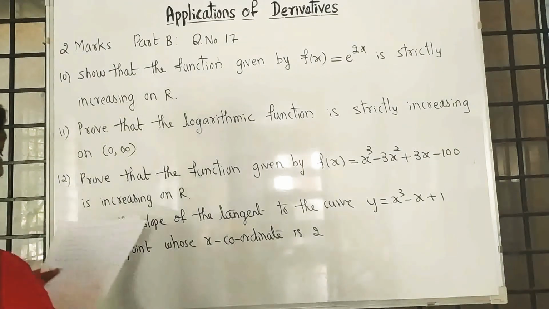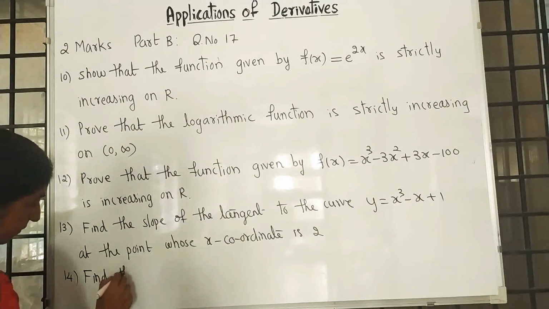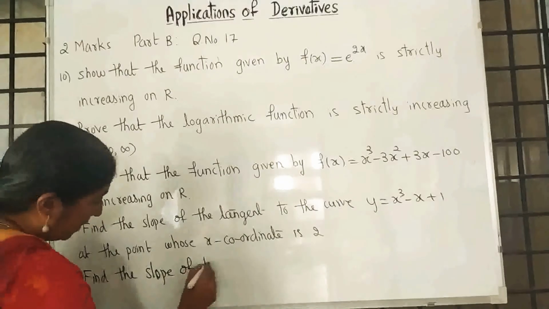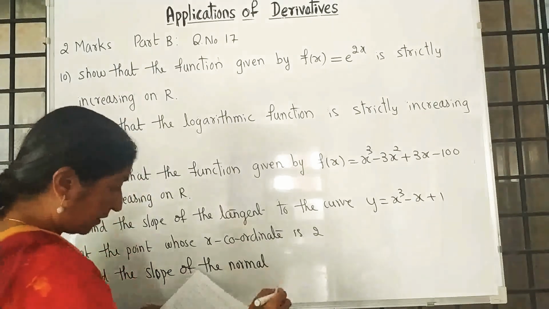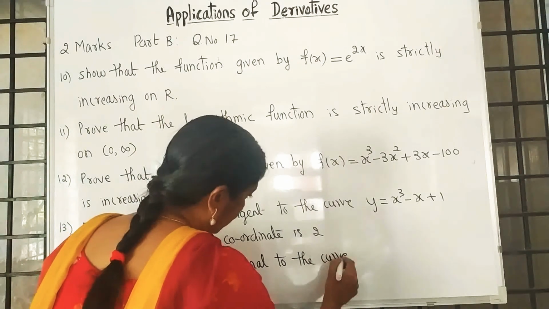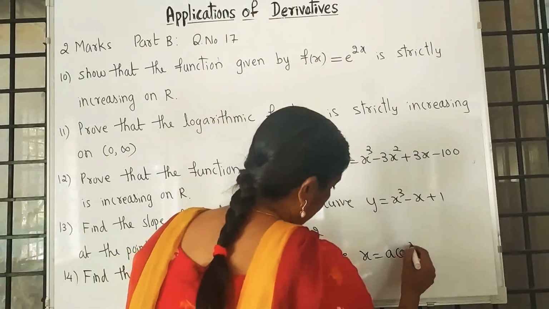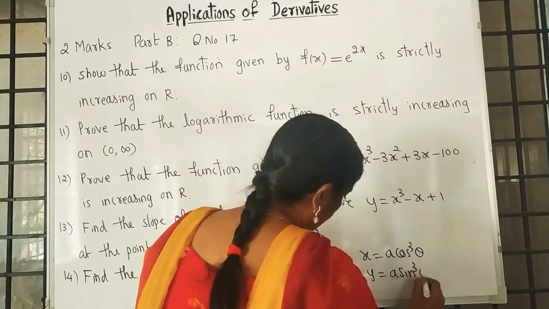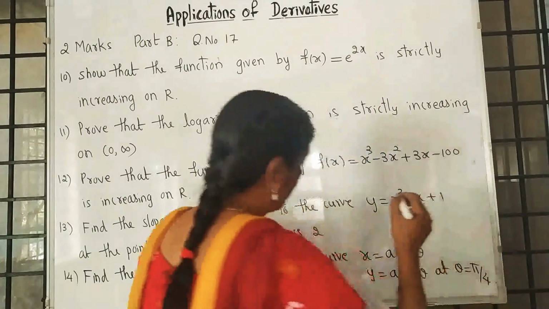Next, 14th question. Find the slope of the normal to the curve x is equal to a cos cube theta, y is equal to a sin cube theta at theta is equal to pi by 4.